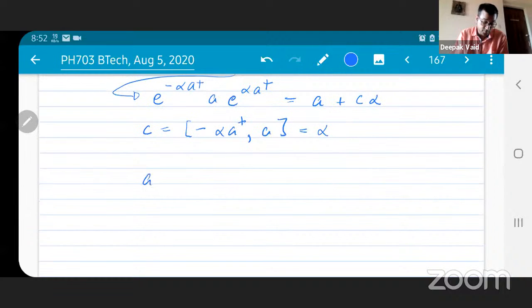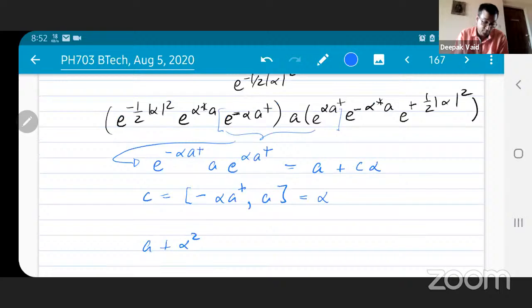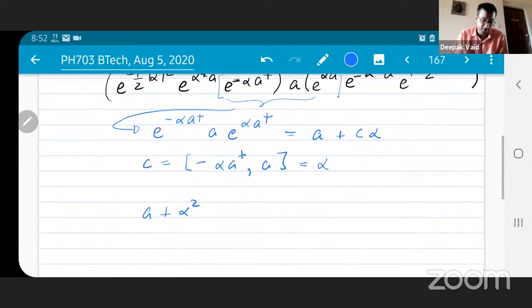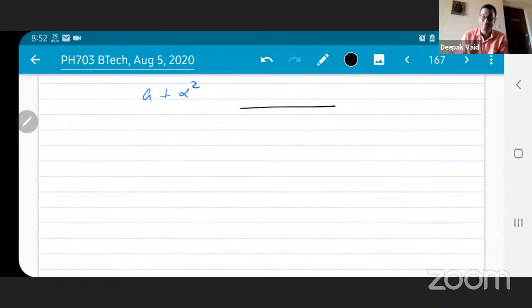This will become A plus alpha squared. I think so. I'm making some mistake. Okay, so I'll just stop the derivation at this point.